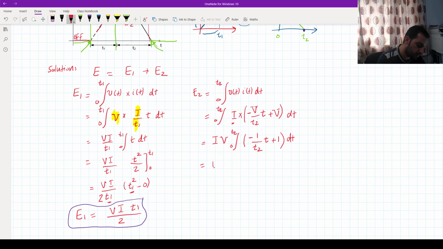So I V, and the integration for the first term is minus 1 T squared divided by 2, and here is T2, plus the integration for the second one is T, and that should be from 0 to T2.